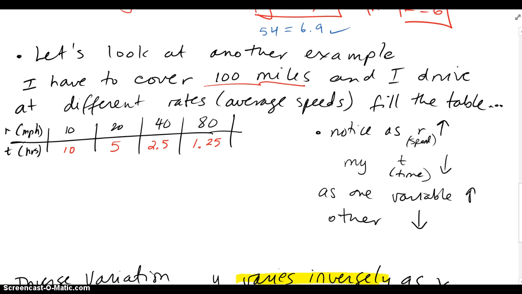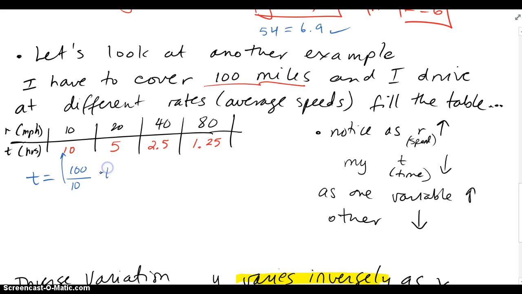In this example we looked at, we have 100 miles that's fixed, and each time I'm dividing the 100 miles by the rate to get the time accordingly. So to get the time, I go the 100 miles, then I divide by the speed, which is 10, that gives me this.